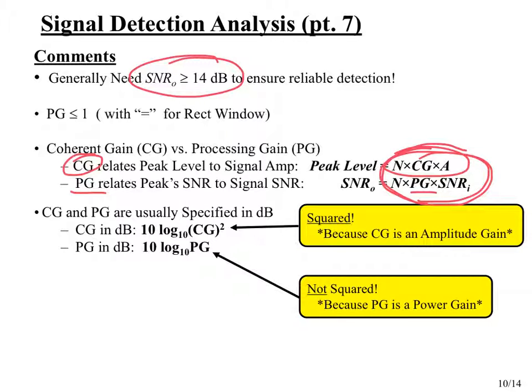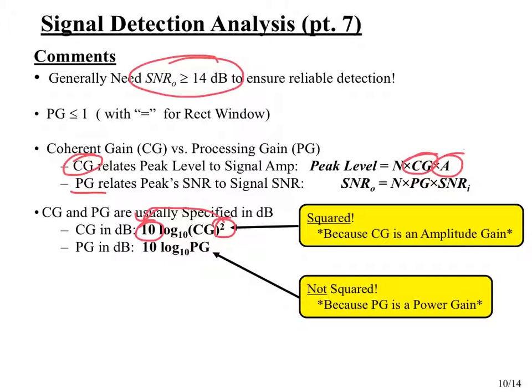Notice that when we do dB on the coherent gain, we have to square it first because it's not a power. It's operating directly on A, so it's a ratio of amplitudes. So we would have to square it first, or equivalently take that square out in front and make the 10 into a 20. So we do 20 log 10.